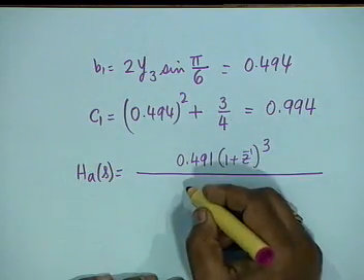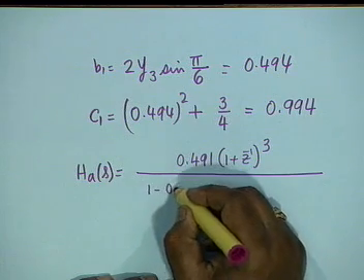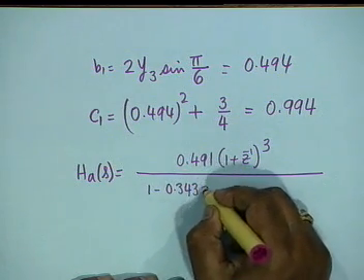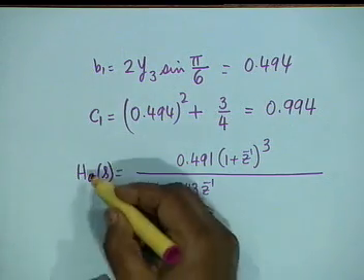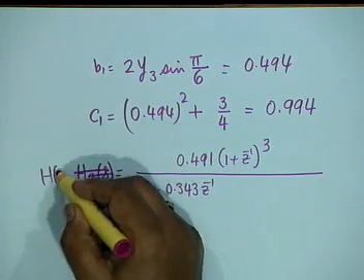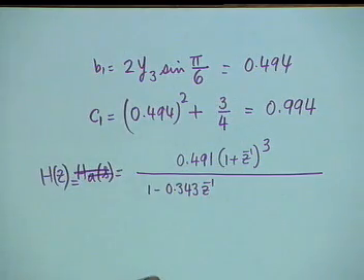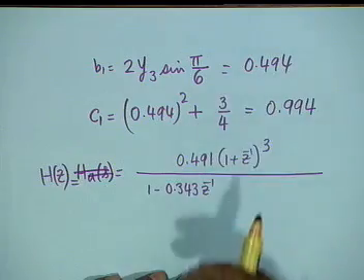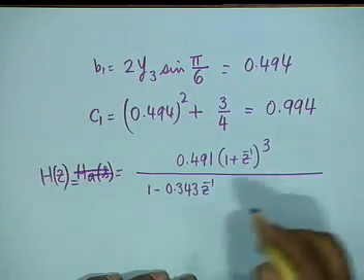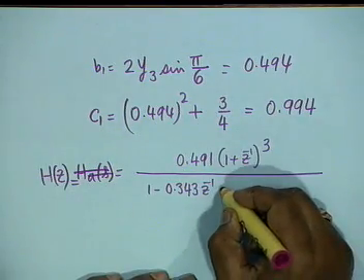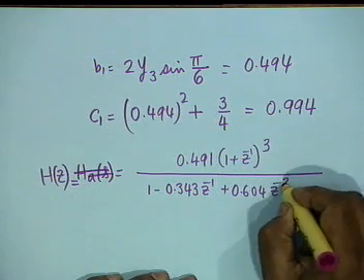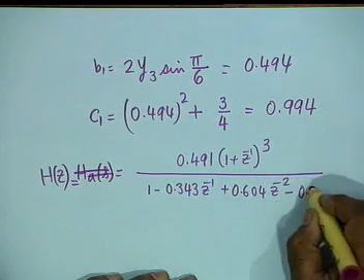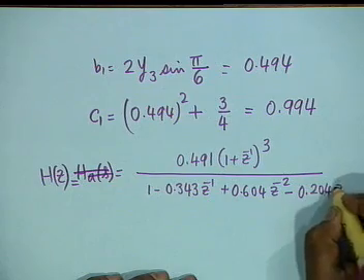And in the denominator, 1 minus 0.343 z inverse. Pardon me? Yes, that is correct, H of z, the digital transfer function. I have omitted a number of intermediate steps. I have all these calculations here. 1 minus 0.343 z inverse plus 0.604 z to the minus 2 minus 0.204 z to the minus 3.